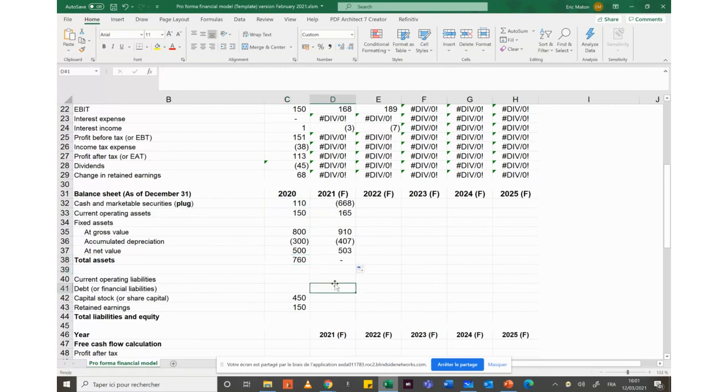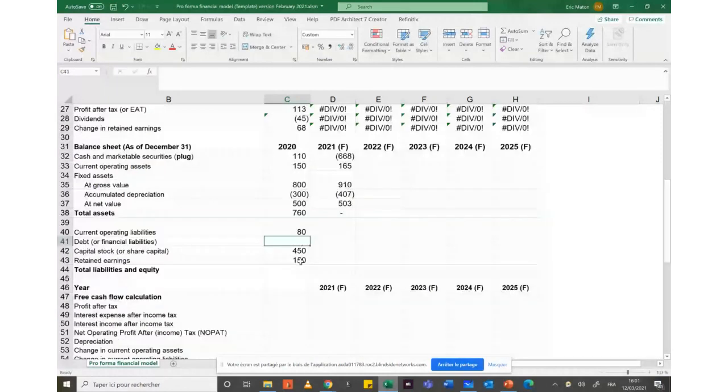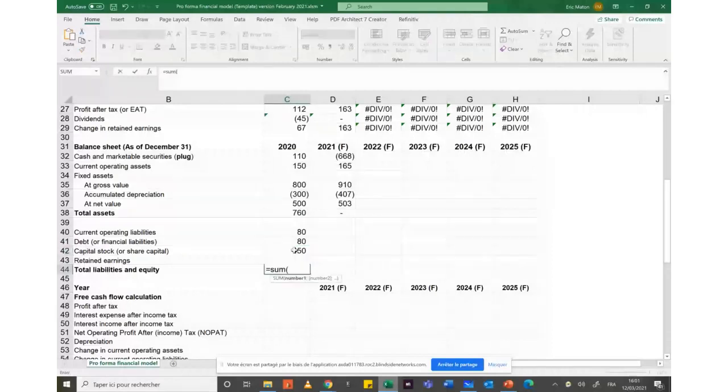The current operating liabilities are a percentage of the sales. And I keep this one. Okay. The debt is the difference, the rest in this case. So it's total assets minus other liabilities minus the equity. So now we have the balance sheet balanced at the beginning.